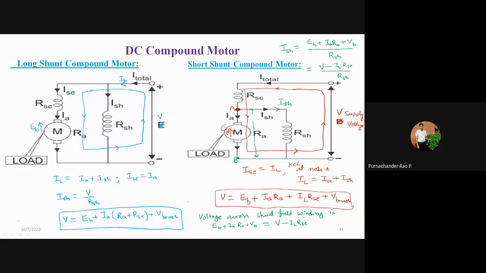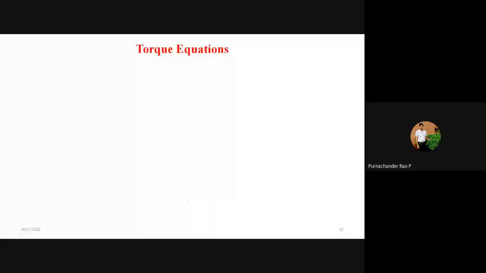Now, next let us see the torque equations of all the motors. We have already derived the torque equation in the last class.